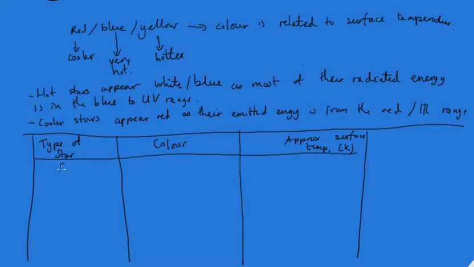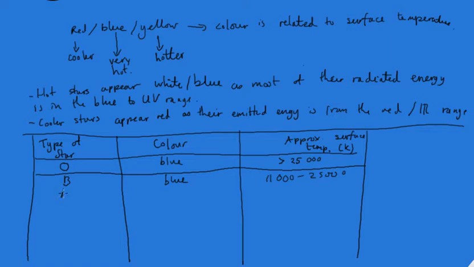So an O star is a very hot star and it's kind of blue in colour, and its surface temperature will be greater than 25,000 Kelvin. A B star is also blue, and that ranges between about 11,000 to 25,000 Kelvin.